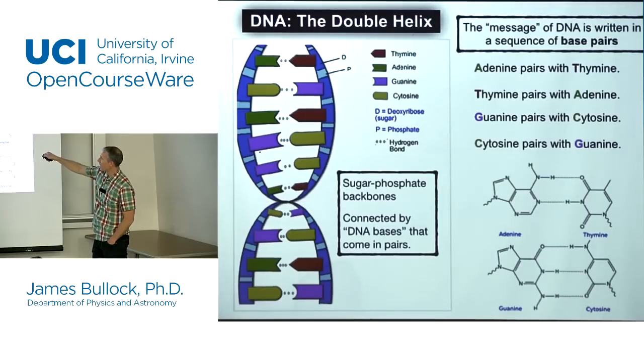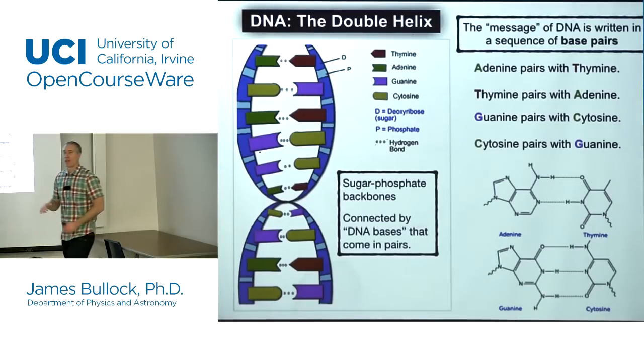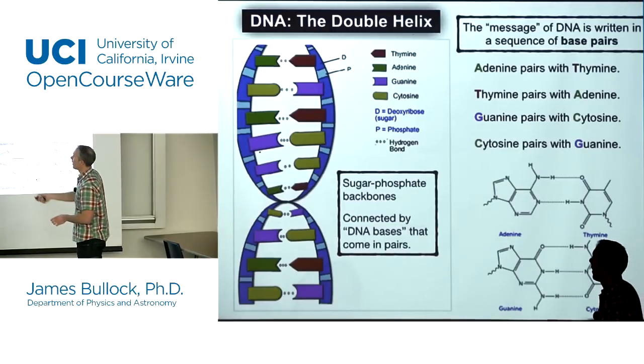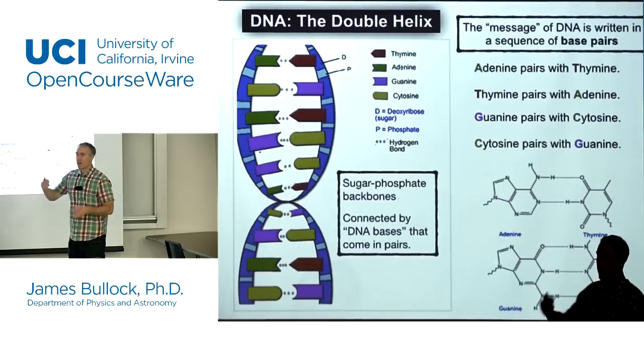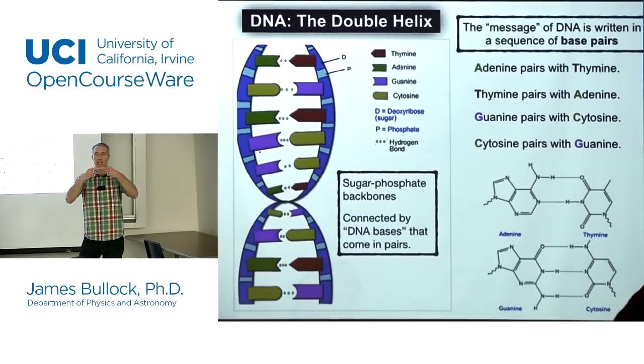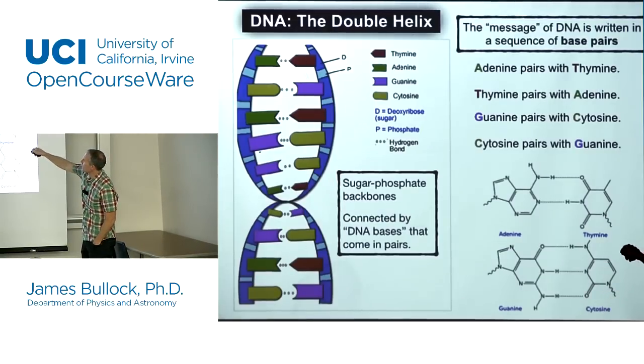So these are like the rungs of the ladder, except there are different connections along the middle. It's like the rungs of the ladder are split in two. And if you have a blue rung, or say a purple rung, you have to plug that into a yellow rung on the other side to keep your ladder together. So specifically, these base pairs are thymine, adenine, guanine, and cytosine. And the important thing is that adenine only pairs with thymine.